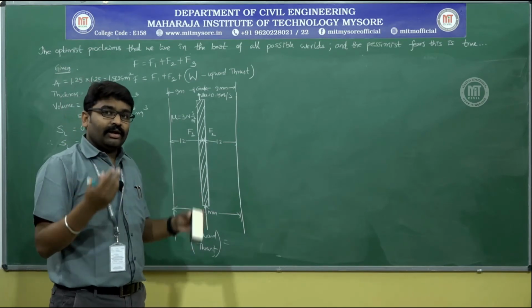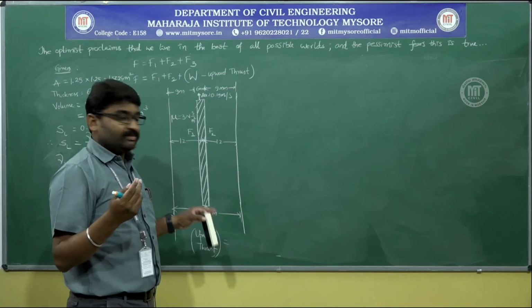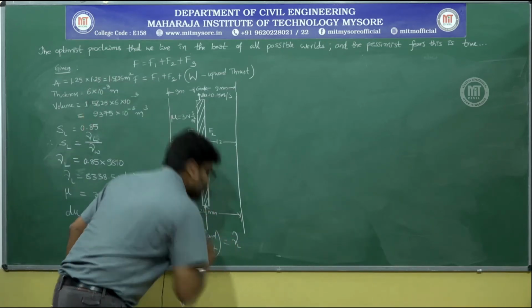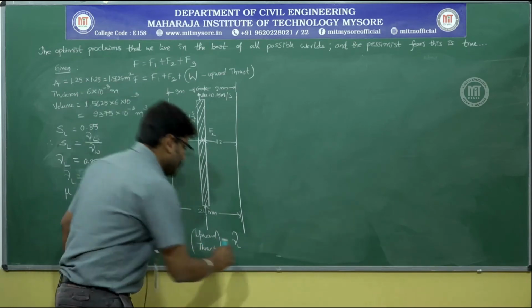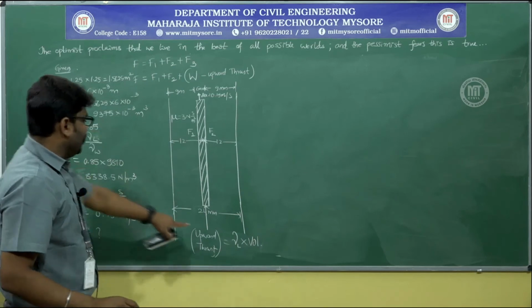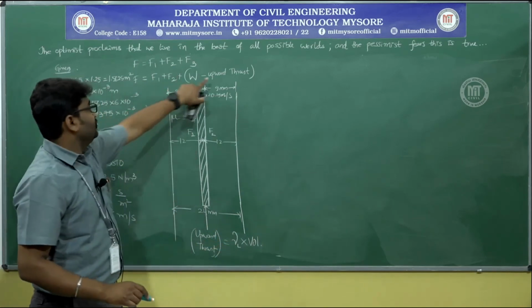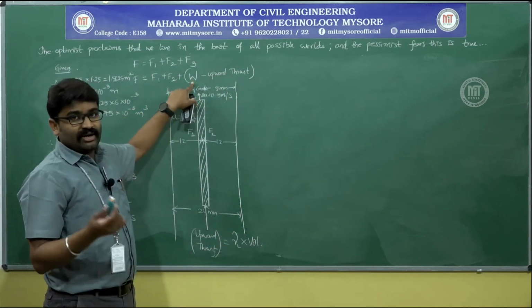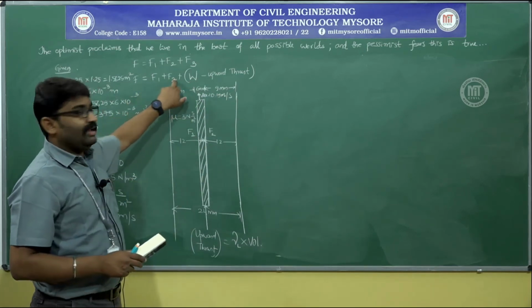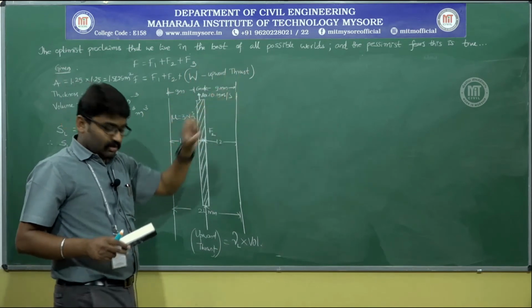In that you already know what is the specific weight. Specific weight of this liquid, I will write this as gamma L, into volume. Volume is also already calculated, using which you can get what is upward thrust. Weight is already known, which is 90 Newton. So, if you can solve for F1 and F2, this part is also solved.